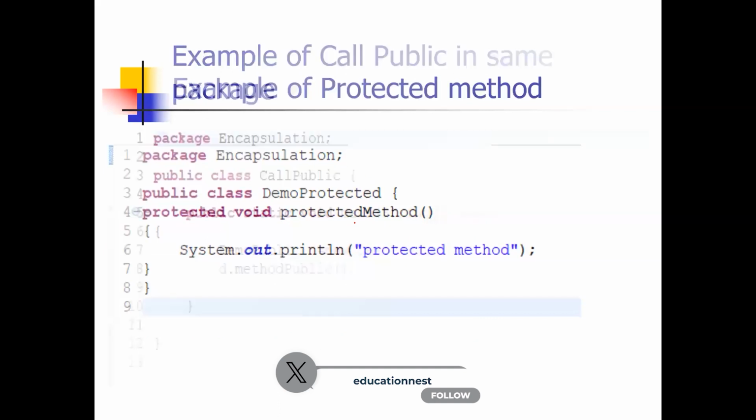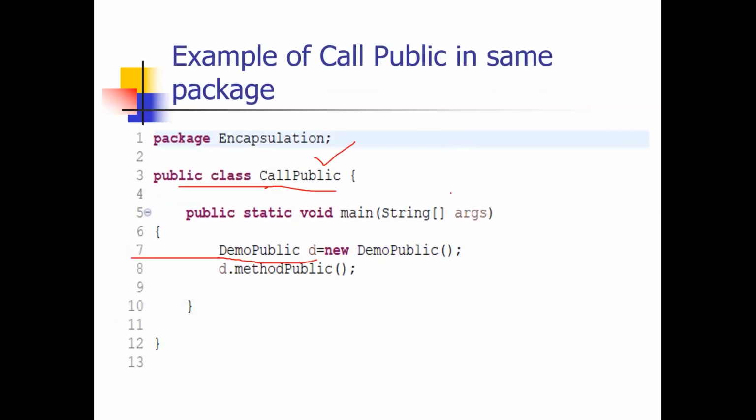So understand, you are in this call public class, but you are creating an object of demo public. You want to get access to that class, so you are not creating an object of your own class. You are already here.